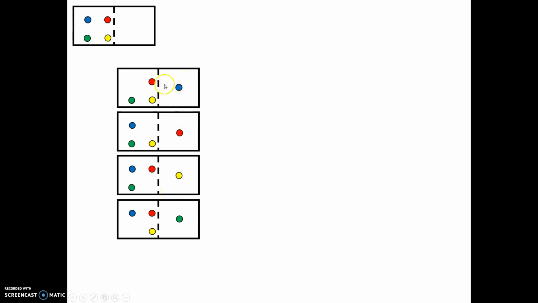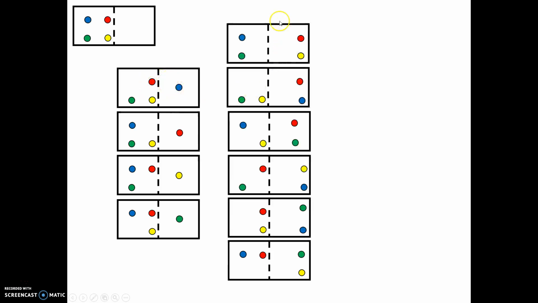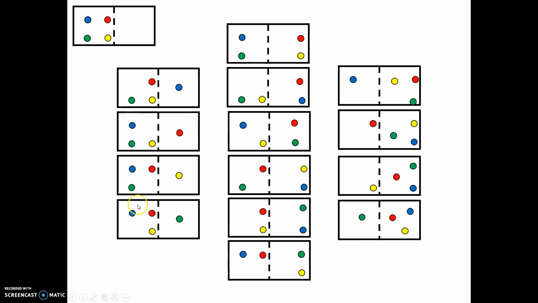Equally, what happens if we have 2 on each side? There are 6 different conditions that can meet that circumstance. And again, if we look at the opposite of this state, we have 4 more conditions. And if we look at the opposite of the initial state, there's exactly 1 condition.